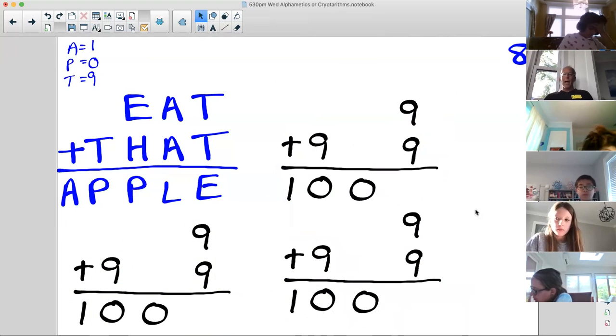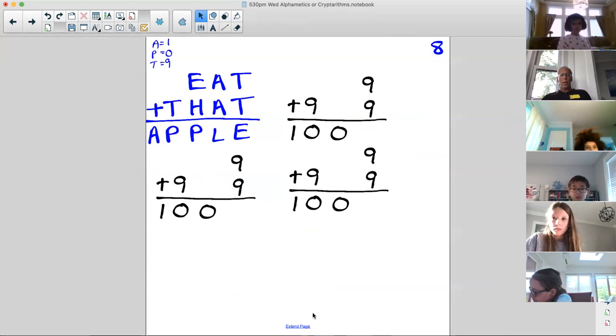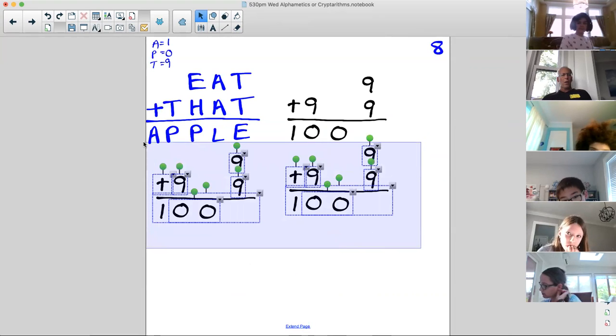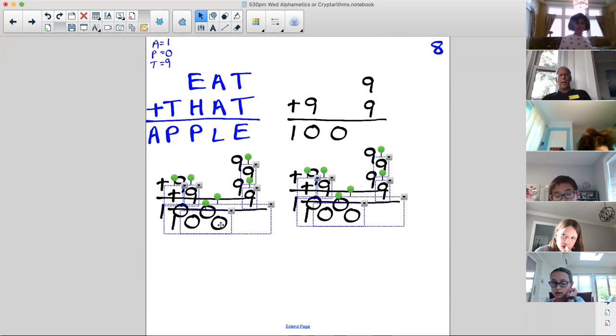So what I did is I copied these so I could work them. Didn't fill in the P's, which we know. Yes, the P's definitely have to be zeros. I mean, not the P's, sorry, the A's. Oh, the A's. Of course. That is exactly right.